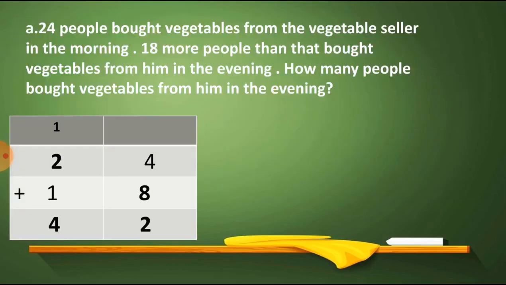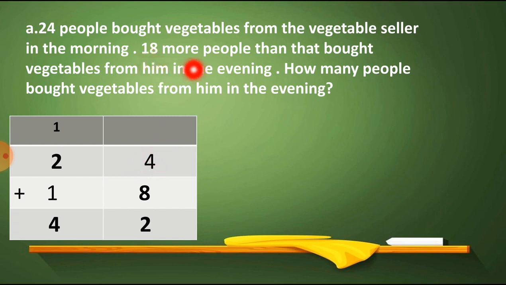Now let's move on. Here are some examples for you students. Let's read this. 24 people bought vegetables from the vegetable seller in the morning. So we can write down this 24 number here.